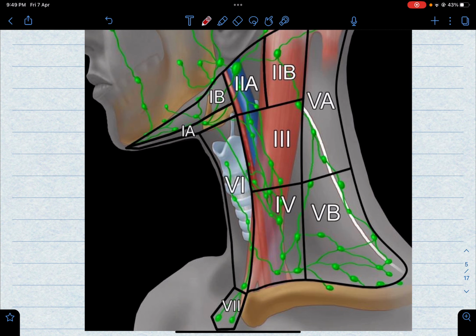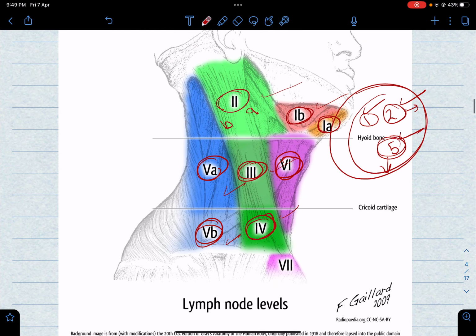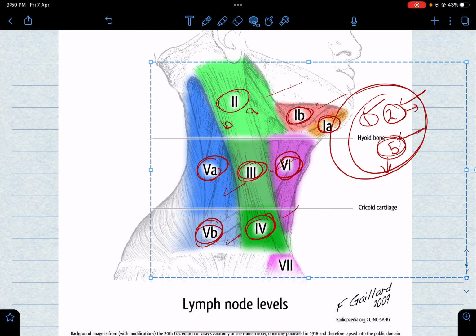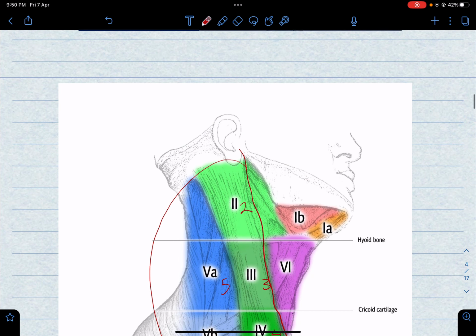Yeah, I remember that. The lateral neck includes number 2, number 3, number 4, and number 5, because they are located on the lateral side of the neck.